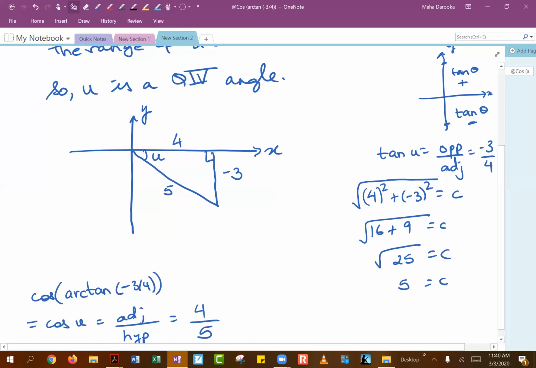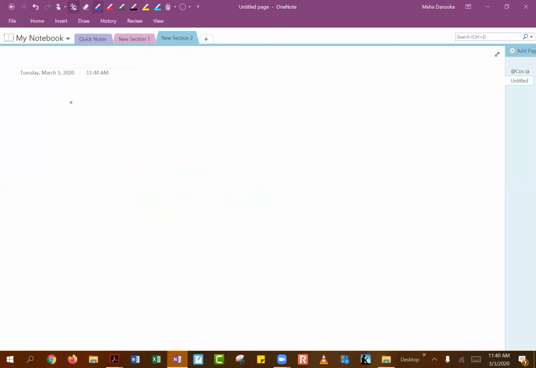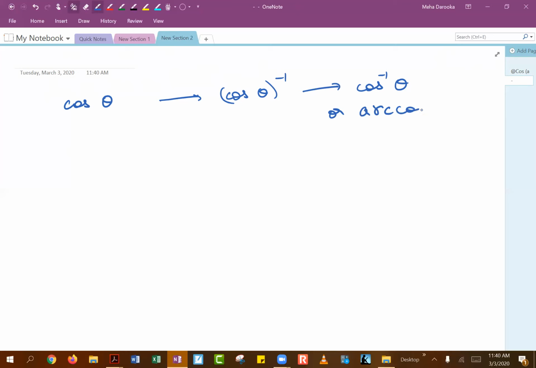In that same sense, when you're talking about cosine of theta, its inverse function we actually write as cosine inverse. Remember, we use that little -1 notation. But the other terminology we use is arc cosine. So it's actually the same thing.